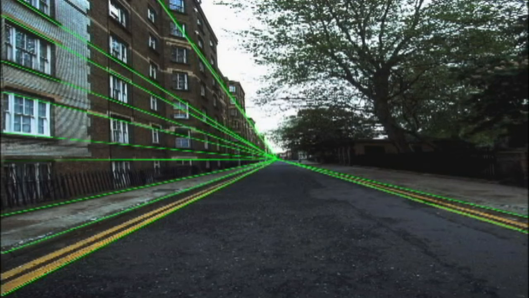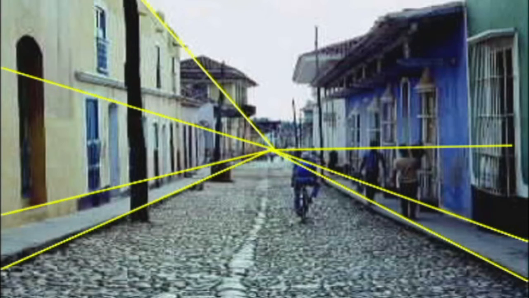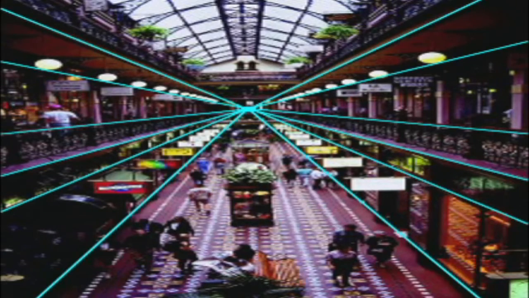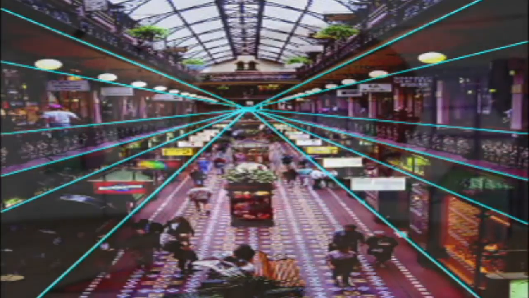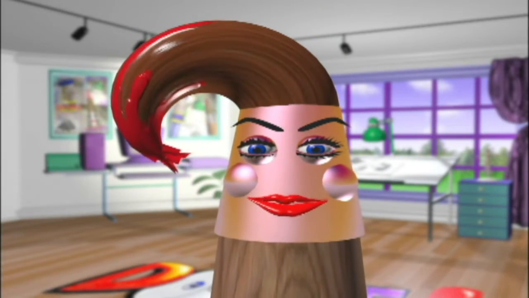Oh, there's the vanishing point right there. Oh, I think I see it. It's right over there. There's another vanishing point right there. I had no idea you could do so much with just one vanishing point and a horizon line.